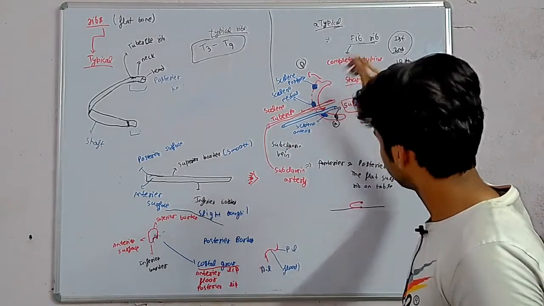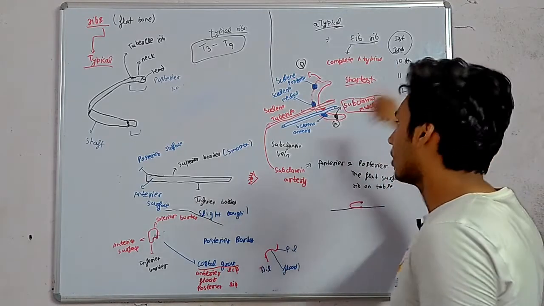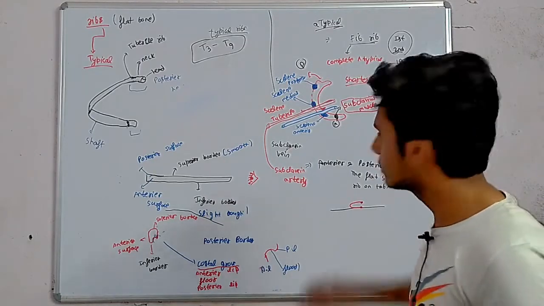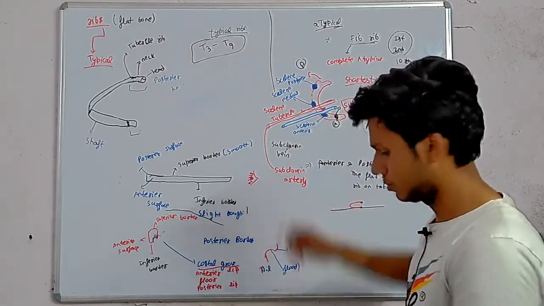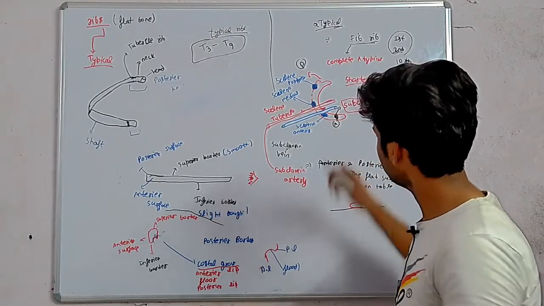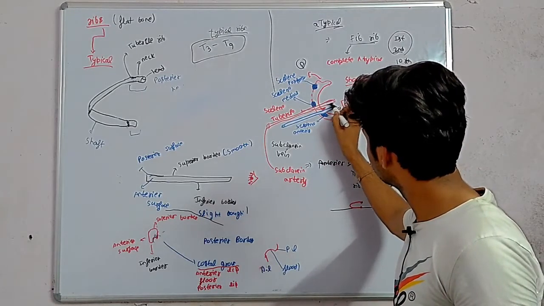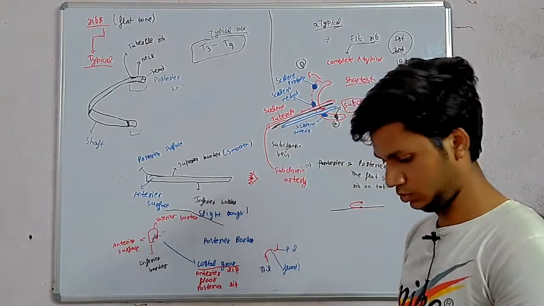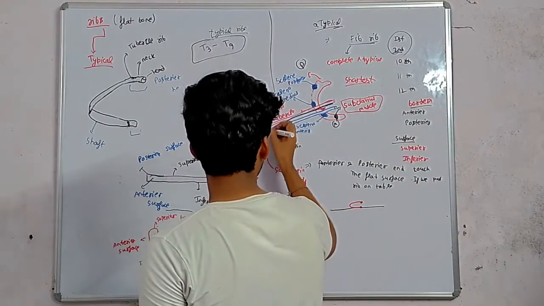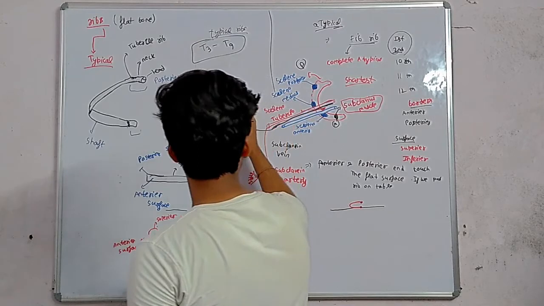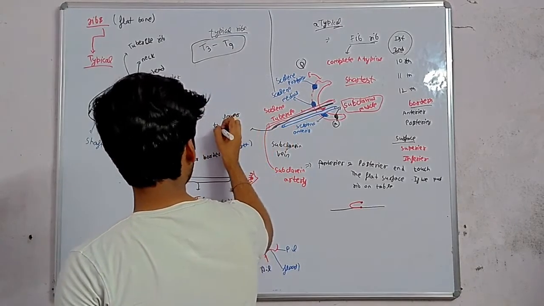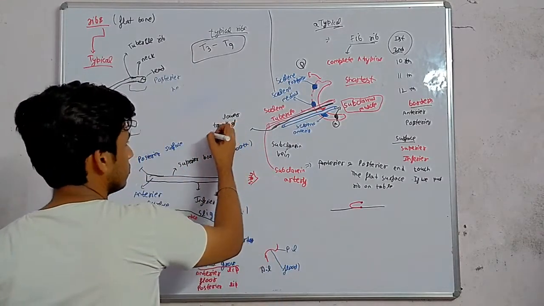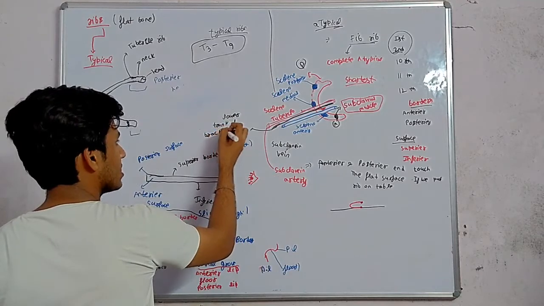On the posterior aspect of the tubercle, an important structure also passes. This is the lower trunk of the brachial plexus.